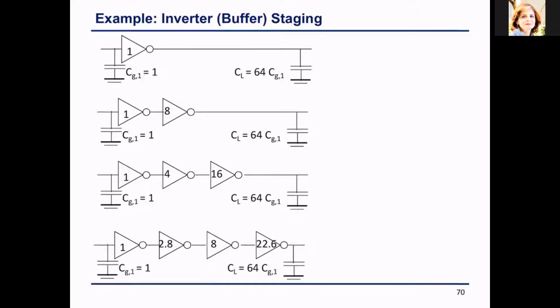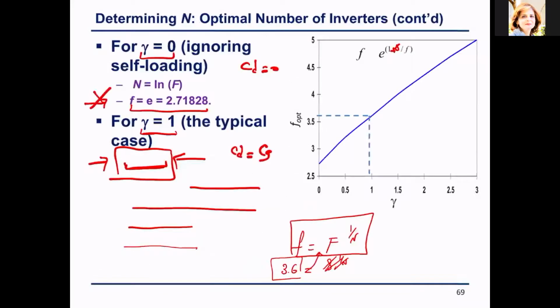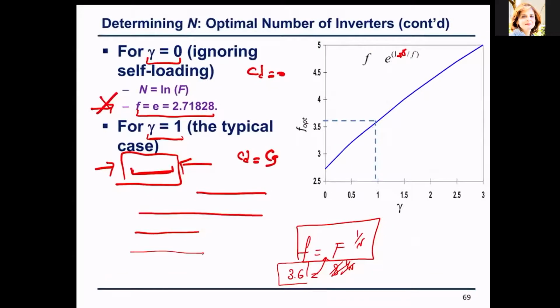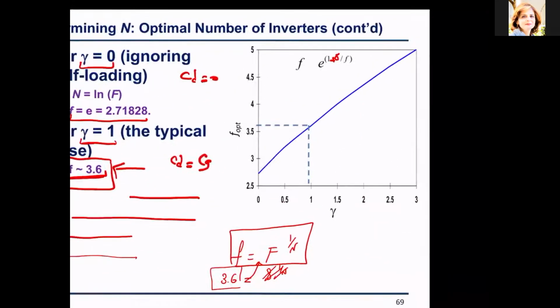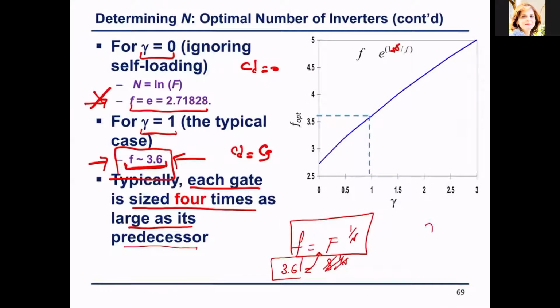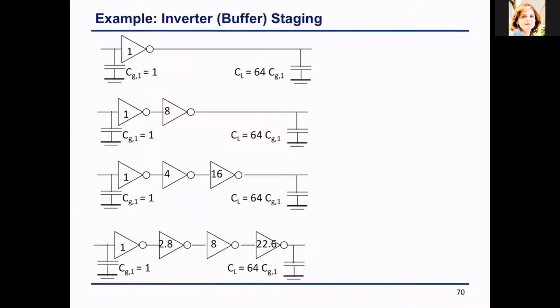Okay, what we did is we differentiated the delay expression, pardon me, we differentiated TP with respect to n, حطيناها 0. هاي عطتني relation يلي بتقلي f as a function of gamma, and then from this f as a function of gamma I can use f equal F to the 1 over n. Based on my big F I would solve for my n. Okay? Okay, thank you, Doctor. Thank you. And now let us look at this example.